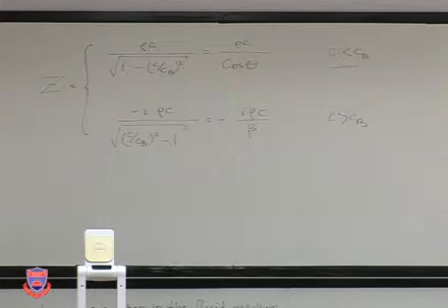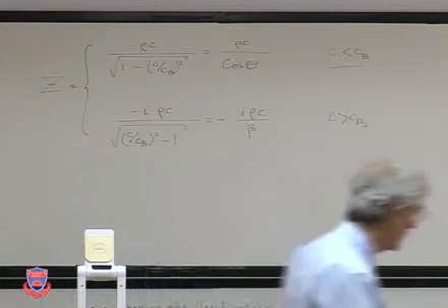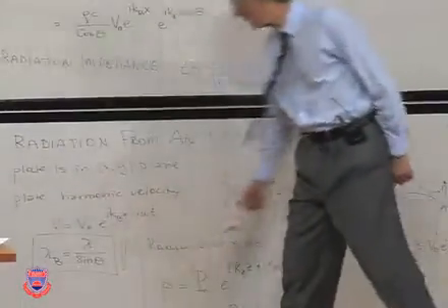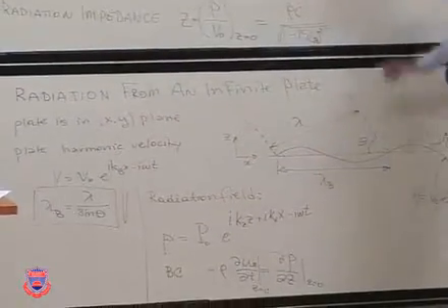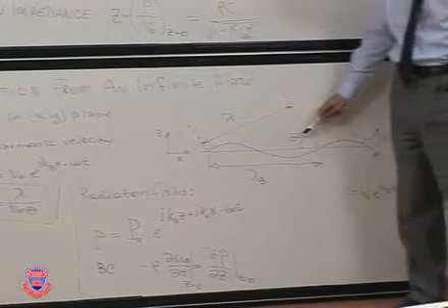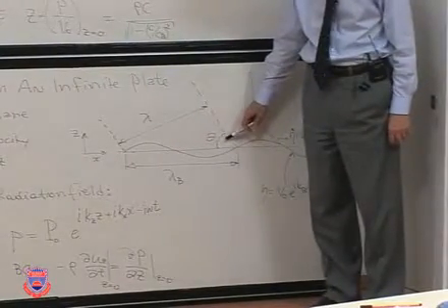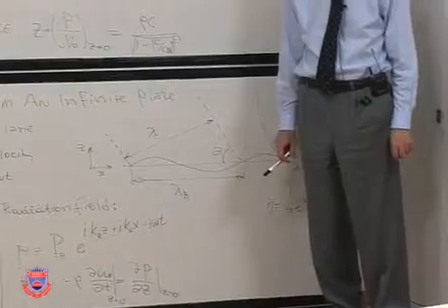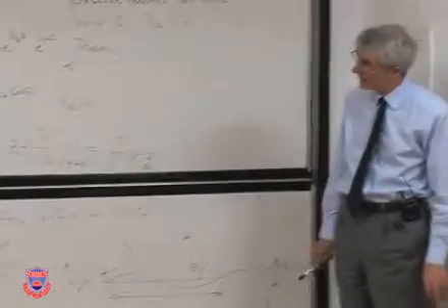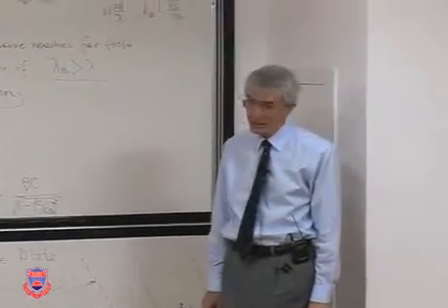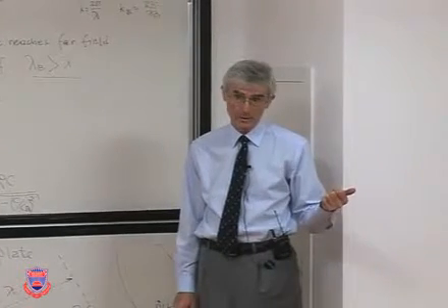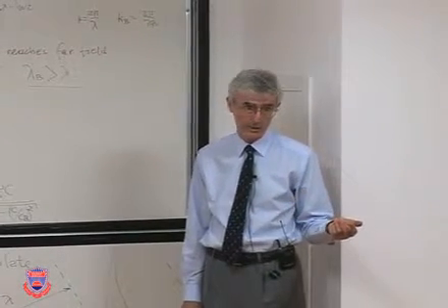Now, what is cosine theta? This being sine theta, okay? So that would be the angle, cosine of this angle. So cosine theta can be 1 or 0 or anything in between.